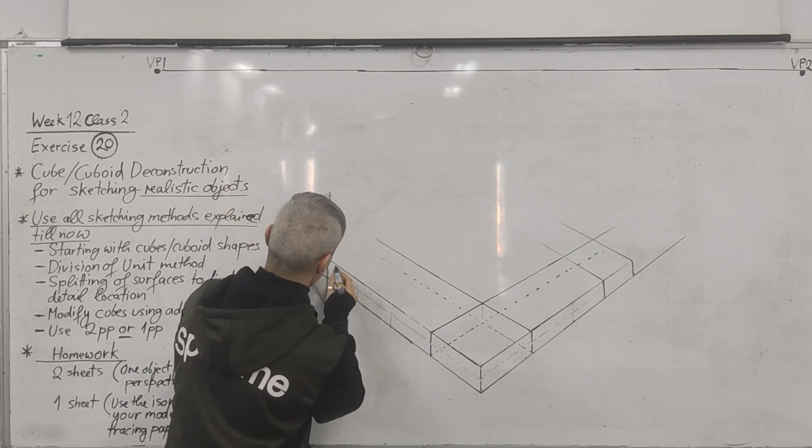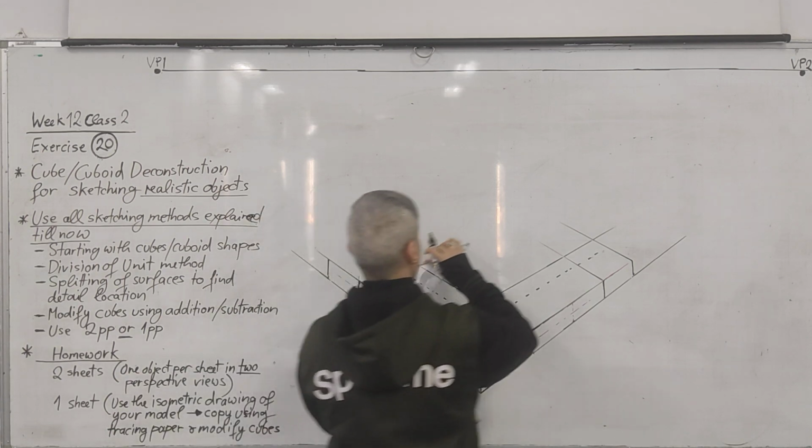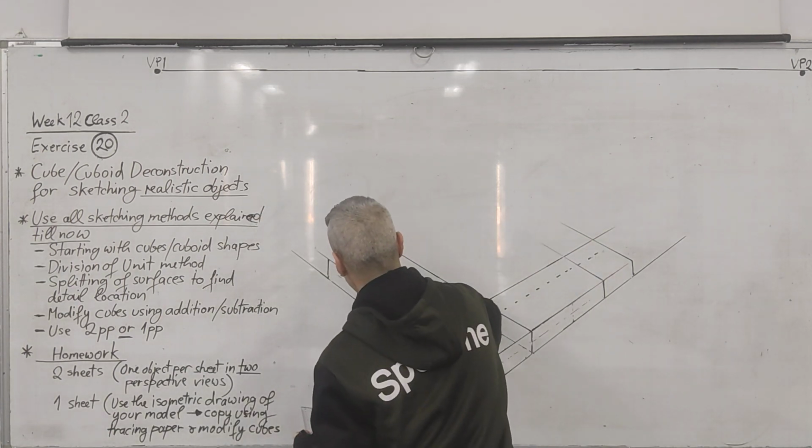And here is number 3. From here to the other vanishing point.